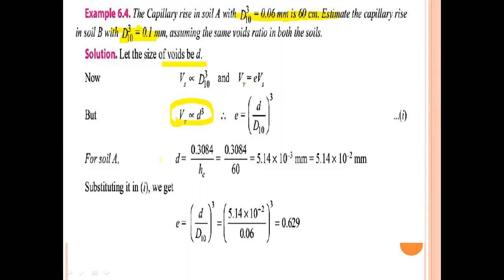For soil A, here D10 is 0.06 mm and the rise is 60 centimeters. d equals, by the formula at 4 centigrade for capillary rise, 0.3084 divided by HC, that is 0.3084 divided by 60 centimeters, that equals 5.14 into 10 power minus 3 mm.